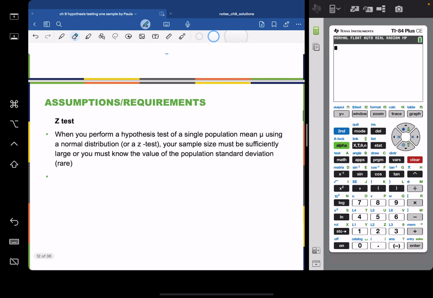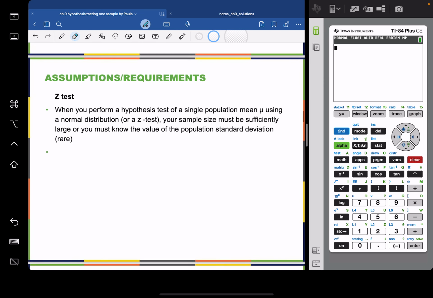And we can still use normal CDF to find that area and decide whether we're at the threshold of suspicion or not. Before we get into how to do hypothesis testing, we need to have a couple of ground rules to keep us safe. When you perform a hypothesis test of a single population mean mu, using a normal distribution, your sample size must be sufficiently large, or you must know the value of the population standard deviation.